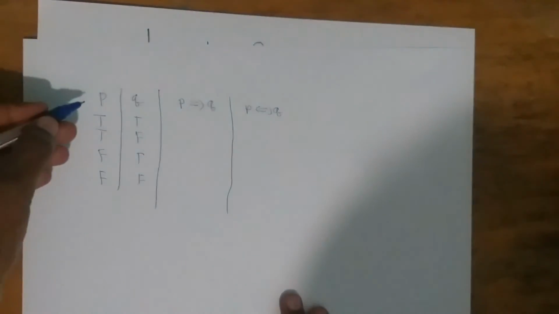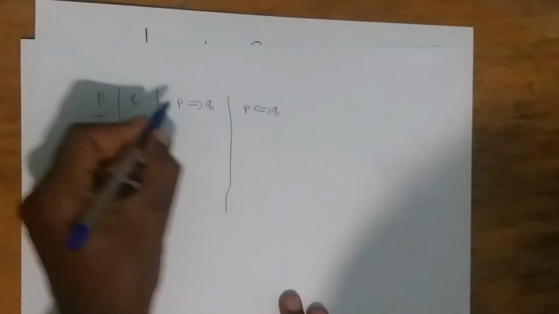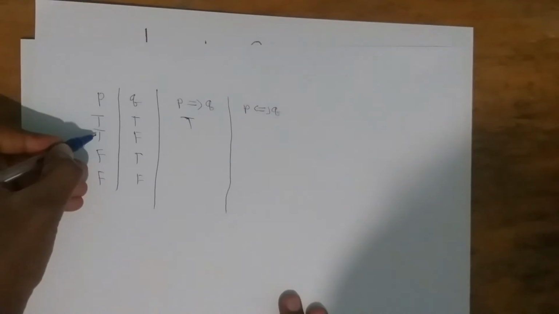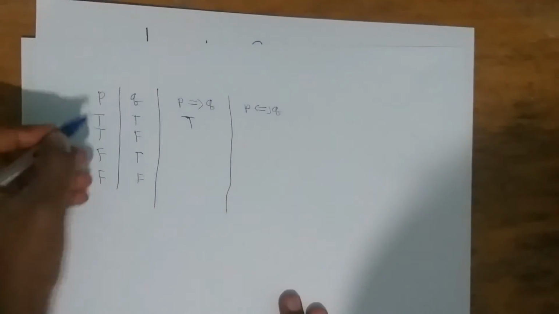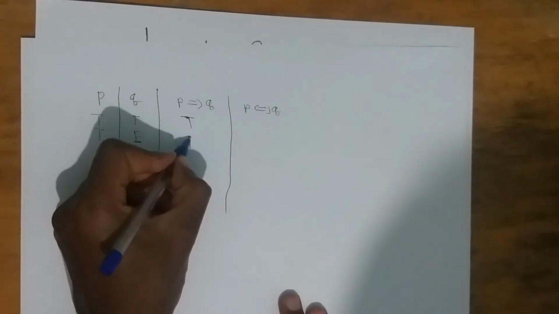So P implies Q. If the P value is true and the Q value is true, we will say it is true. It's always true for the implies. If the P value is true and the Q is false, sorry, it is false value here. So in the implies, it's gonna be false.